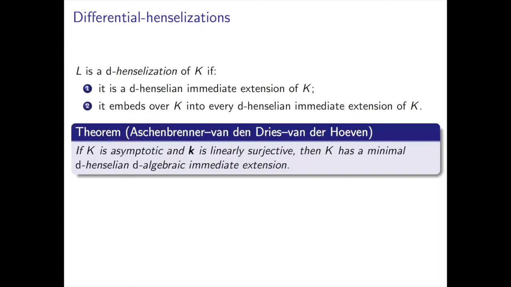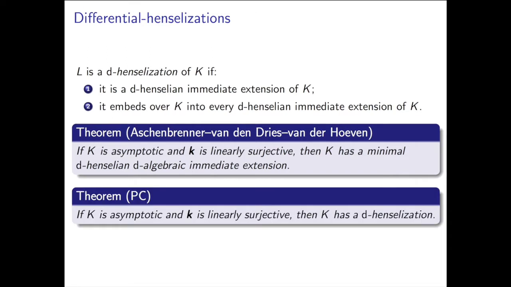But what Aschenbrenner, Van den Dries, and van der Hoeven were able to show was that, under this linearly surjective residue field assumption, in the asymptotic case, you have a minimal differential Henselian, differentially algebraic immediate extension. I thought this should have some embedding property, and what I was able to contribute was that, in fact, this minimal one can embed into every d-Henselian immediate extension.